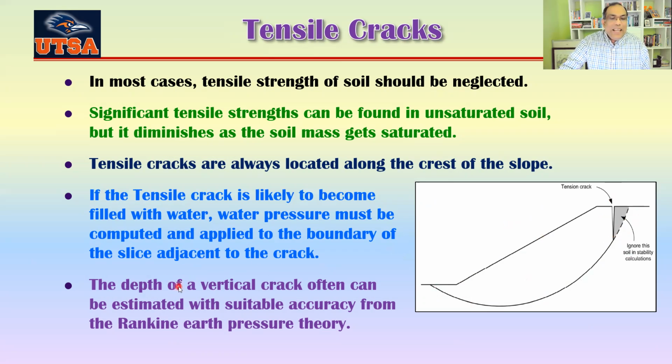Okay, and the depth of this vertical crack can often be estimated from Rankine's earth pressure theory. If you have clay soil and you follow Rankine's earth pressure, then you can find the depth of the tension crack. So that's the way you have to consider the tensile crack, because if there is no crack, then you have to add this shear strength for failure.